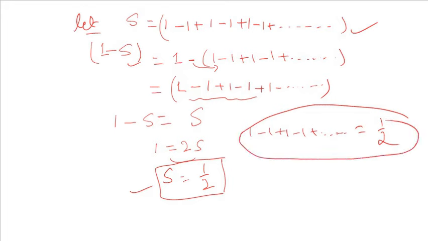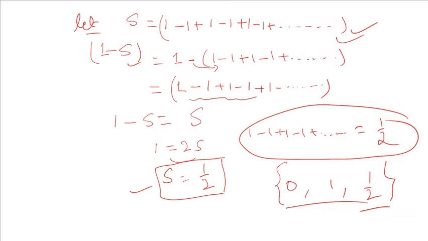So here you see that for the same series you get the value 0, you get the value 1, and you get the value 1 by 2. So which is correct? Many people will argue that they go with 0, some people will say they go with 1, and some people will say they go with 1 by 2. So which is correct?